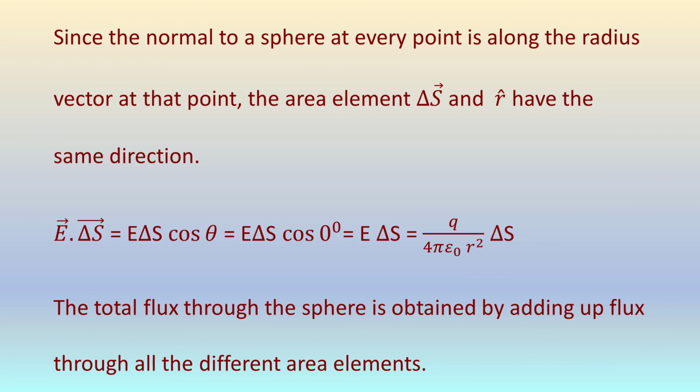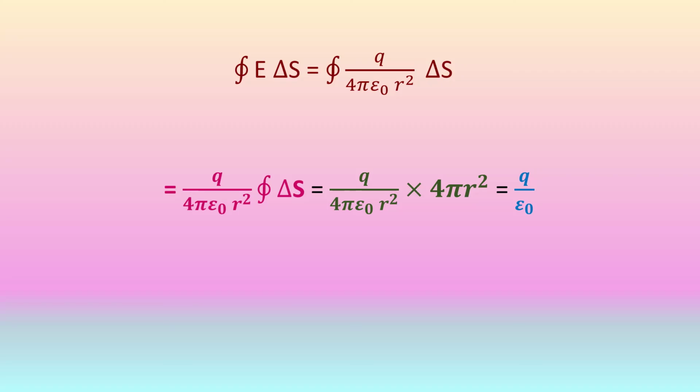Hence, cos theta represents cos 0, and the value of cos 0 is 1. So, this can be given as E delta S equals q upon 4 pi epsilon naught r square delta S. Now, as we know, the total flux through the sphere is obtained by adding up the flux through all the different area elements.